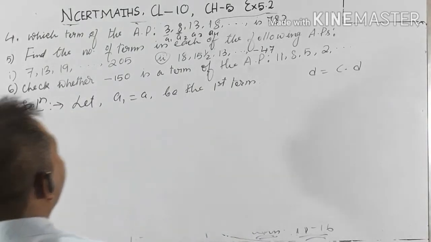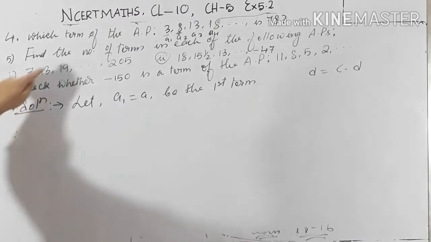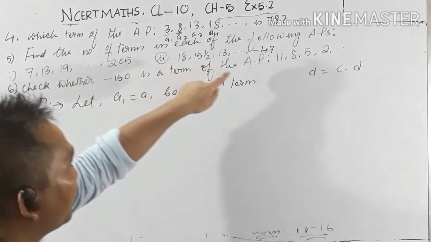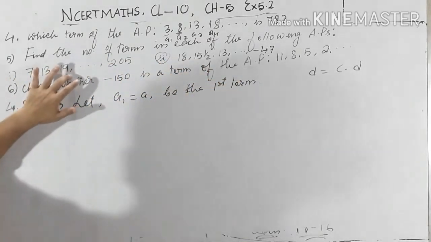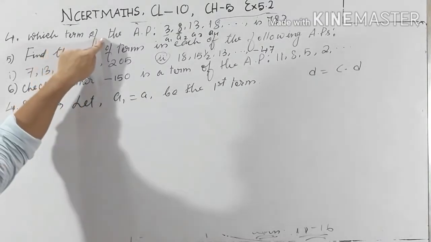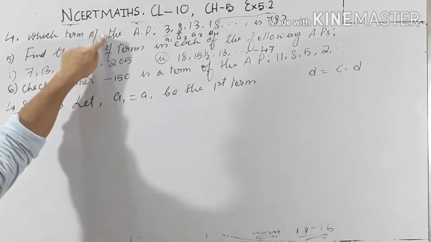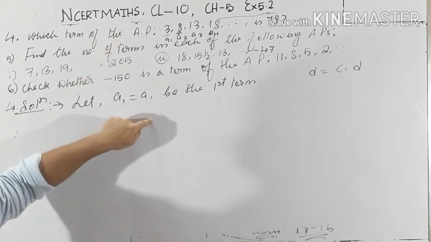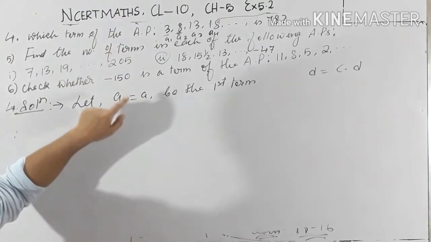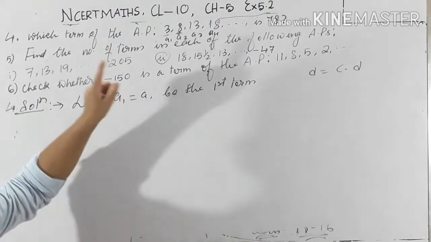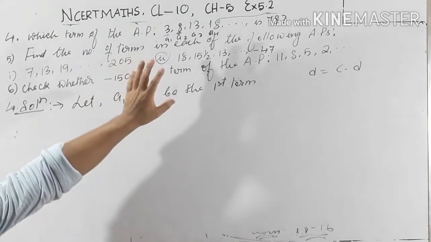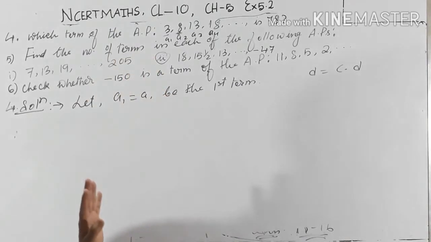Here also we'll be writing the same thing. Find the number of terms in each of the following APs. In question number 4, the question was asking the location or position of the term. How can we predict it?